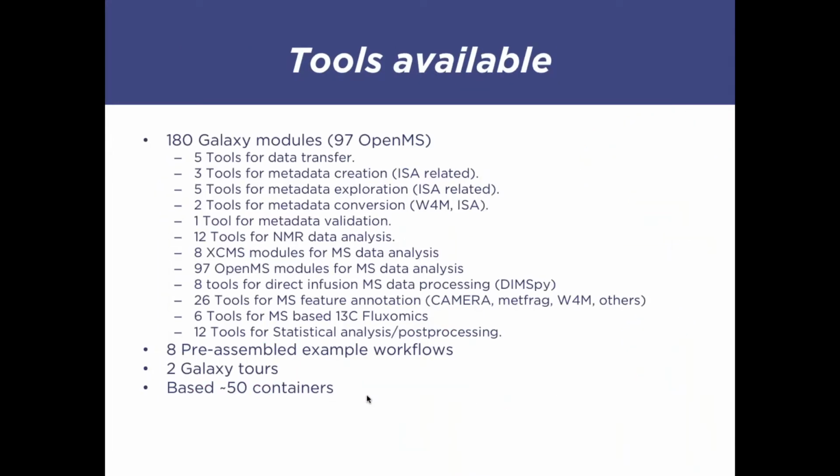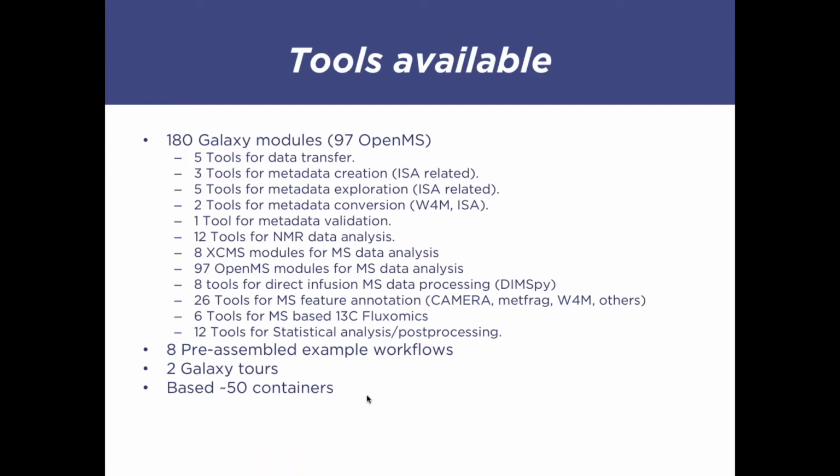So to get an idea of the amount of tools that we currently have, around 180 modules are available for you to use in our workflow environment. 5 of these tools are meant for data transfer, so you can get particular data formats from particular providers of metabolomics data. We have tools for dealing with metadata, so you might be aware of the ISA standard.